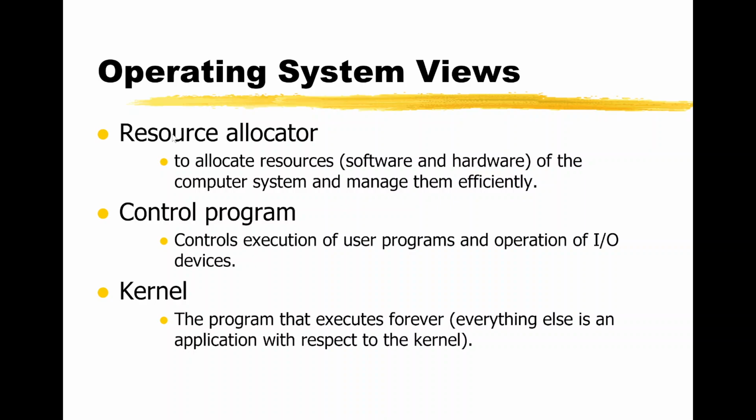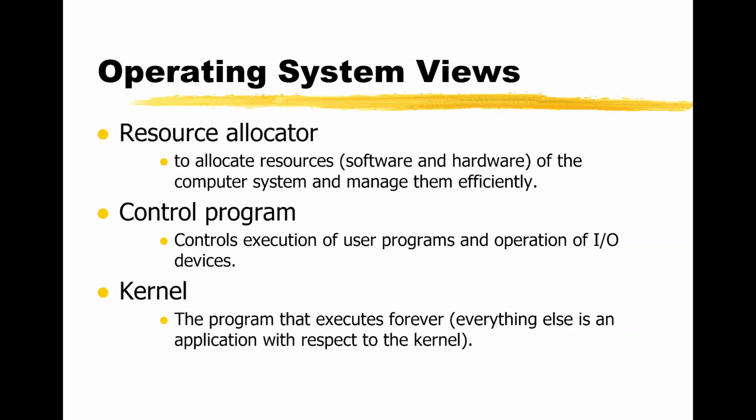The operating system can be seen in different forms. Several views have been used to look at the operating system. You can look at it in different ways. Like we can say it is a resource allocator. It's a resource allocator because the operating system allocates resources such as software and hardware to the computer system and manages them efficiently.